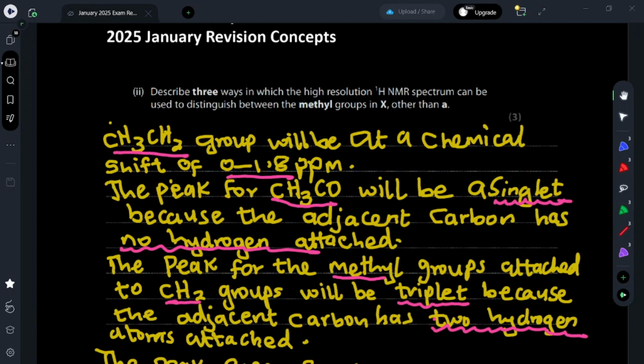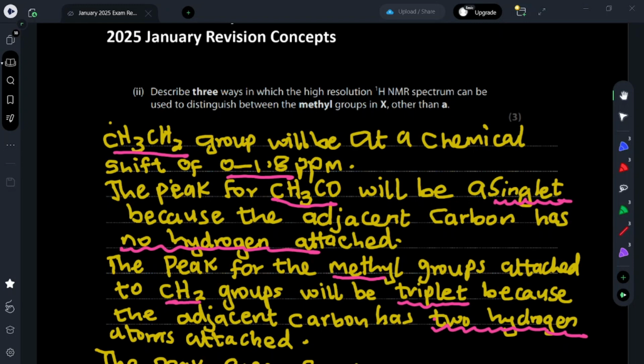After completing the labeling, we are going to describe 3 ways in which the high resolution NMR spectrum can be used to distinguish between the methyl groups of X other than A. All right. So we have the CH3-CH2 group will be at a chemical shift of 0 to 1.8 parts per million.